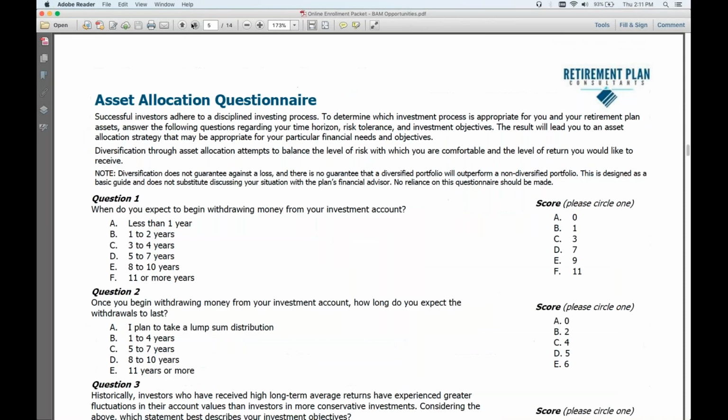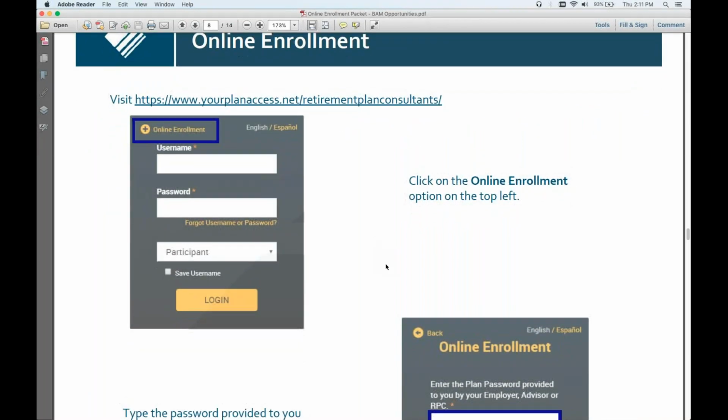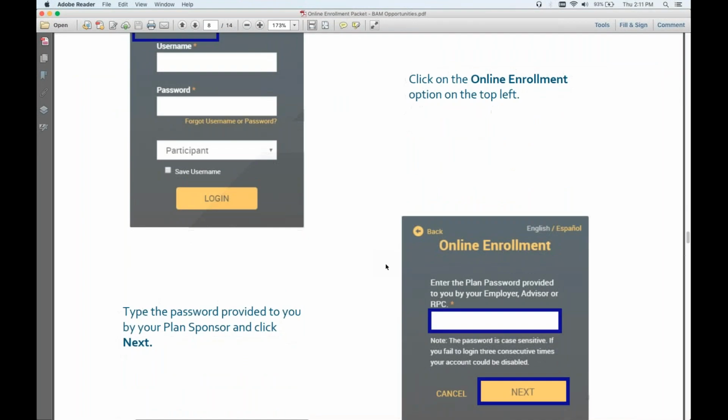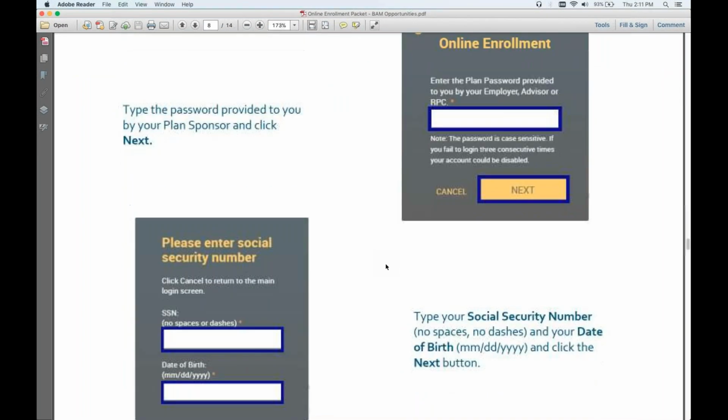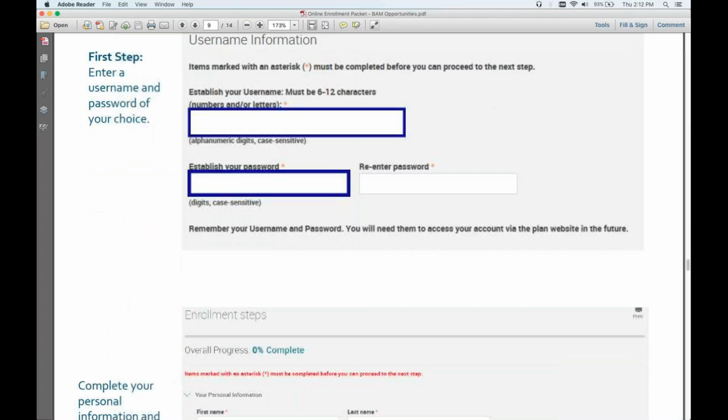On this document, starting on page 8, there's actually a screenshot that goes through the exact step-by-step process of what I just showed you. Clicking online enrollment, typing in the plan password, and then entering your social security number, and then all of those subsequent workflows in the onboarding process. So please reference pages 8 through, I believe it's page 12, if you have any questions or need any assistance going through that online enrollment.